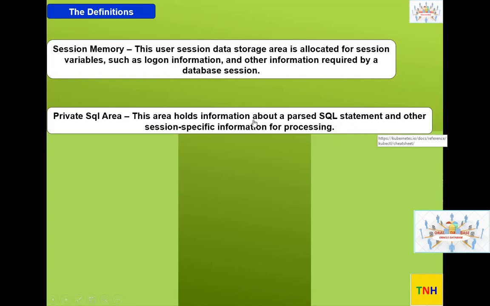So this area holds information about past SQL statements and other session specific information. It's a private one, not a common one, while the library cache is in the SGA, which is common. Even an execution plan will have user specific parts, so those things are here.